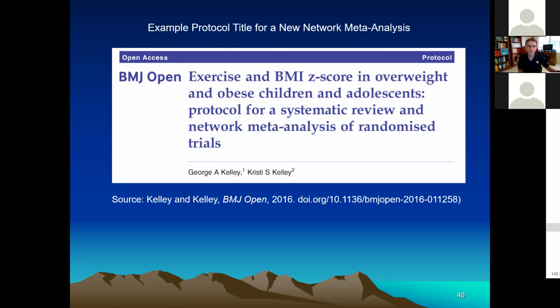For example, you want to look at the effects of aerobic exercise on body fat in children and adolescents with obesity. The three treatments could be aerobic exercise, weight training, or studies that had subjects do both aerobic exercise and weight training.